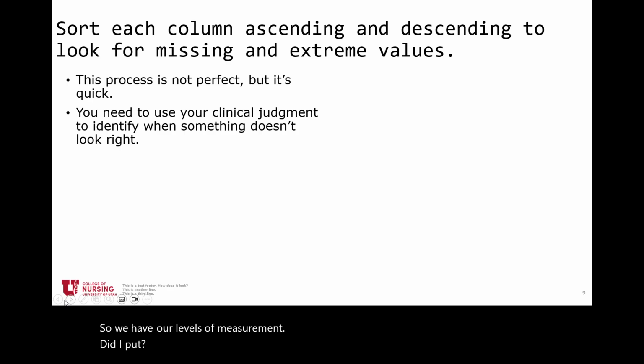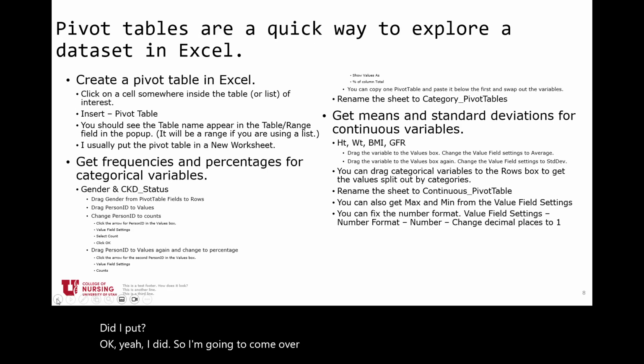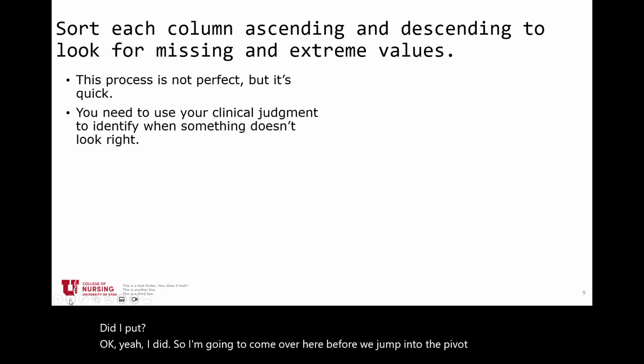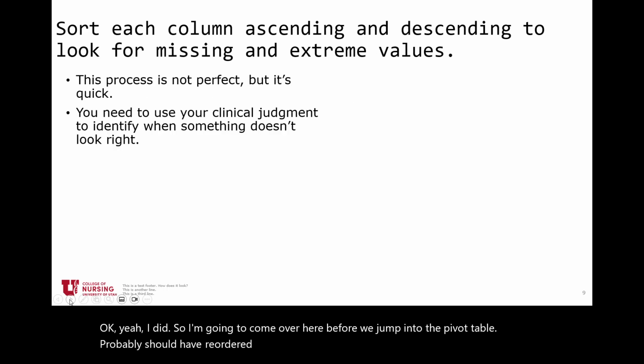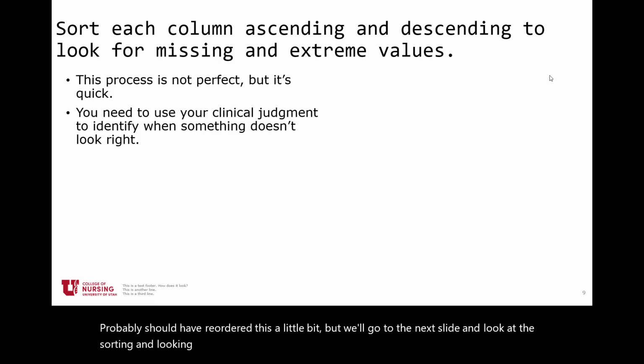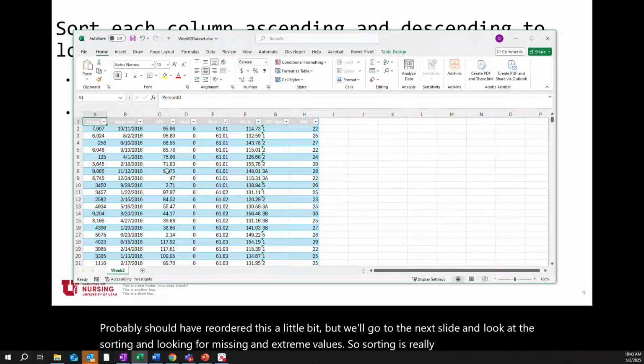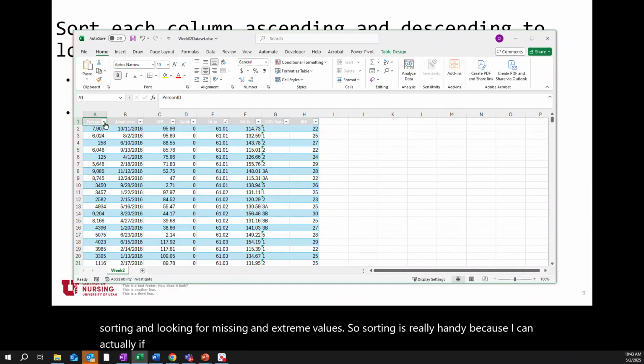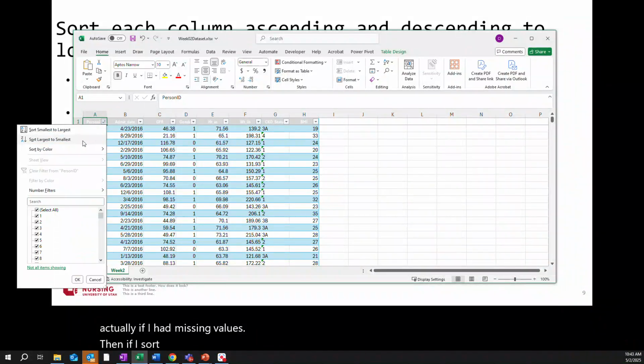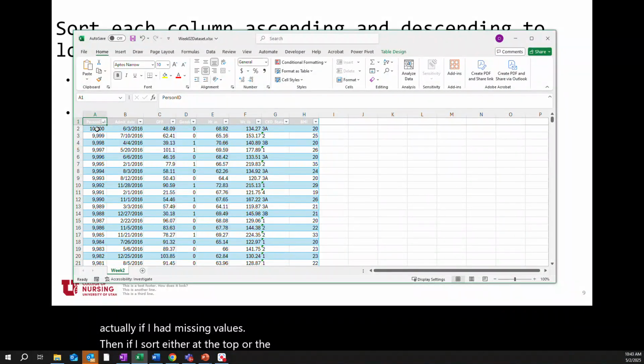Okay, yeah, I did. So I'm going to come over here before we jump into the pivot table. Probably should have reordered this a little bit, but we'll go to the next slide and look at sorting and looking for missing and extreme values. So sorting is really handy because if I had missing values, then if I sort either at the top or the bottom, those would come up here and I'd see them.